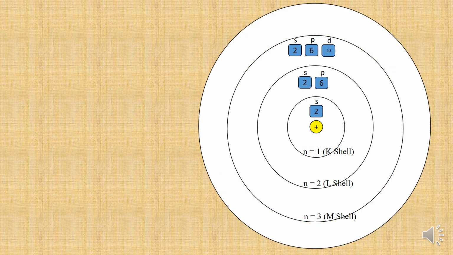This is followed by the fourth shell or the energy level, also known as the N shell. And within the fourth shell, you find the subshell with 2 electrons present in the s orbital, 6 electrons present in the p orbital, 10 electrons present in the d orbital, and 14 electrons present in the f orbital.